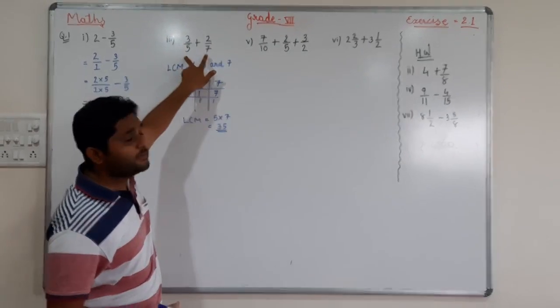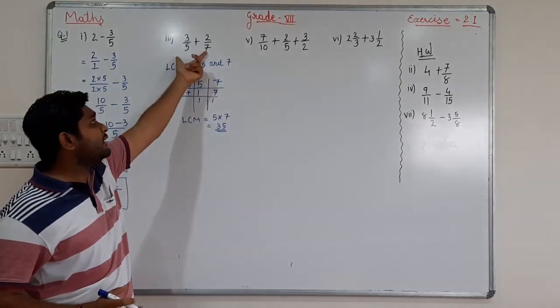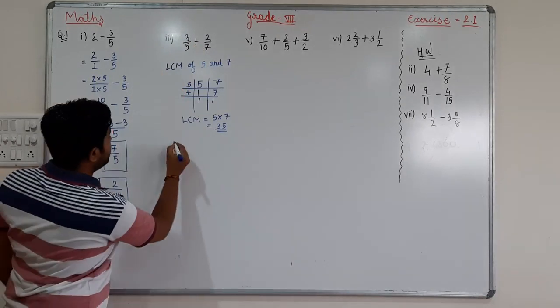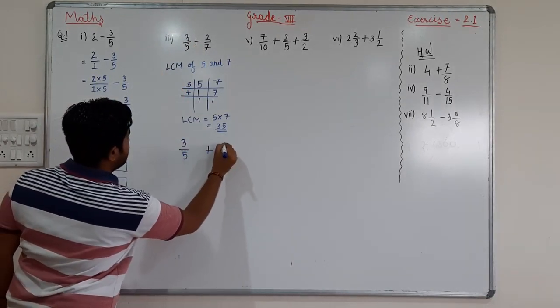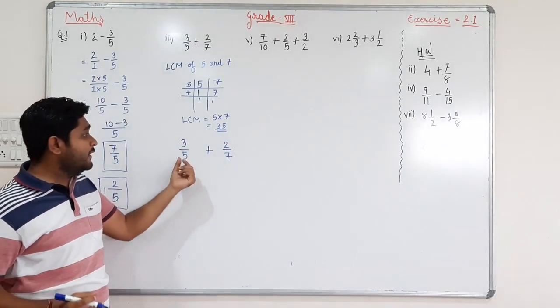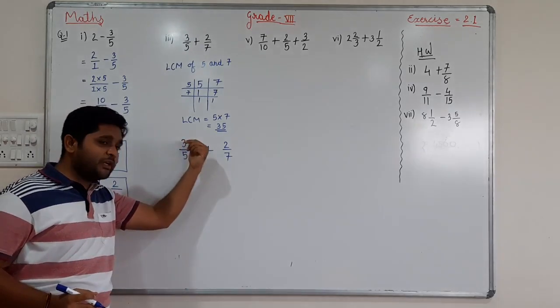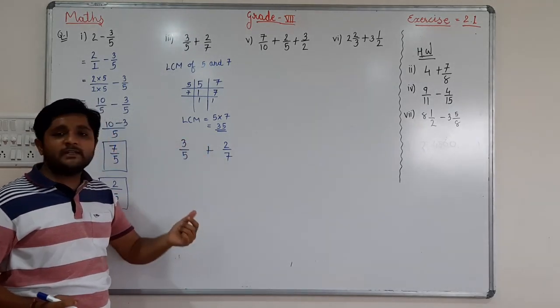Now in both the fractions, in the denominator we want 35. So 3 upon 5 plus 2 upon 7. Here we want 35, so multiply both numerator and denominator by 7, because we know that 5 7s are 35.